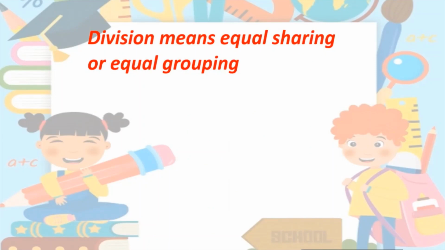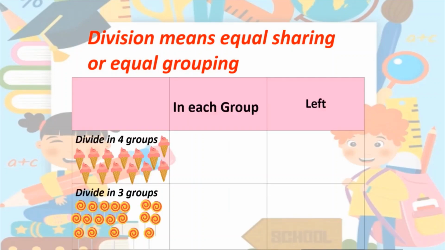Now, the next is division means equal sharing or equal grouping. Now, in the picture we see there are some ice cream cones and we need to divide it into 4 groups. So, let us count the number of ice cream cones first, which is 13 here.